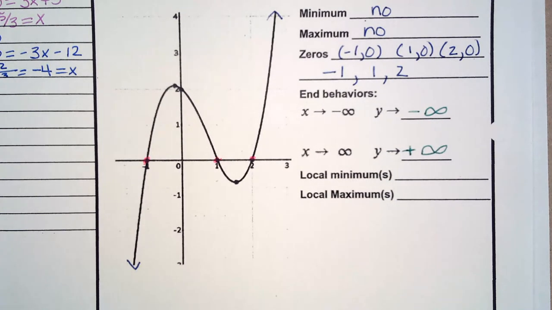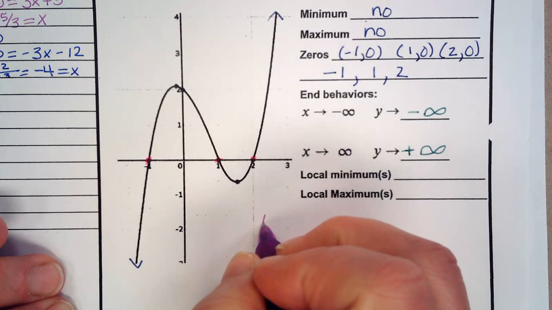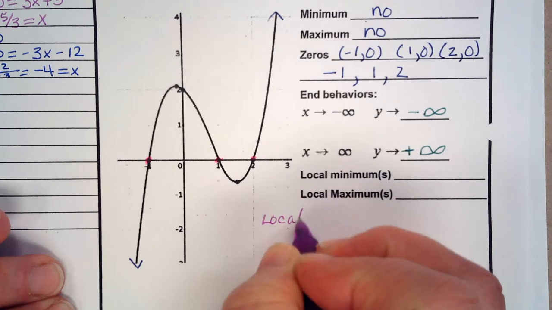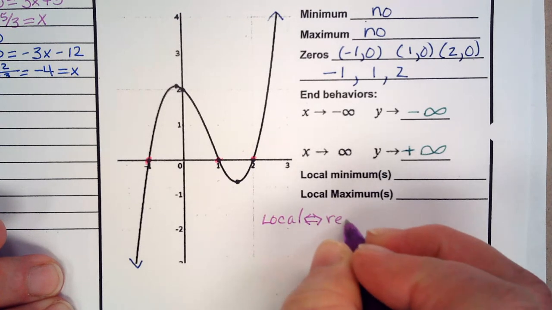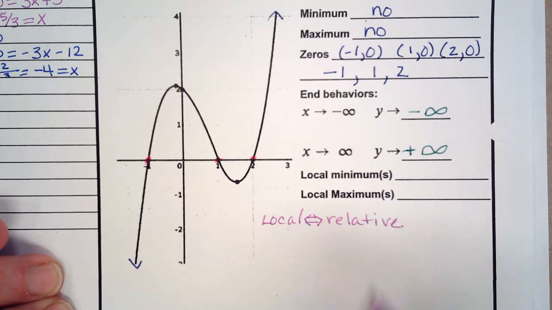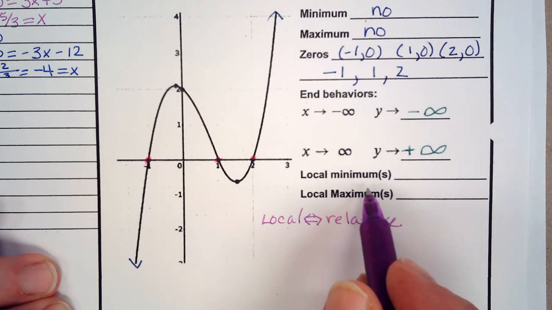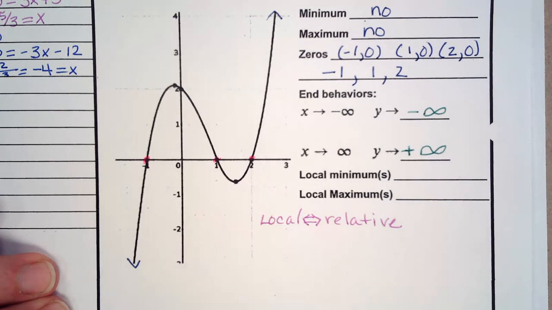Okay, so now we're looking at relative or local maximums and minimums. Relative or local minimum is where the graph goes from negative to positive.